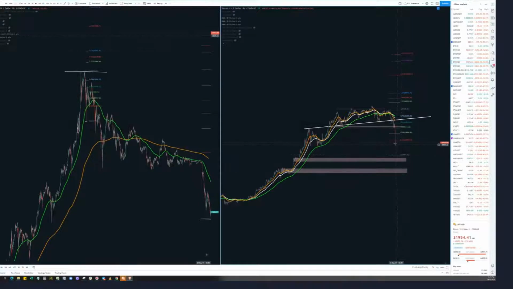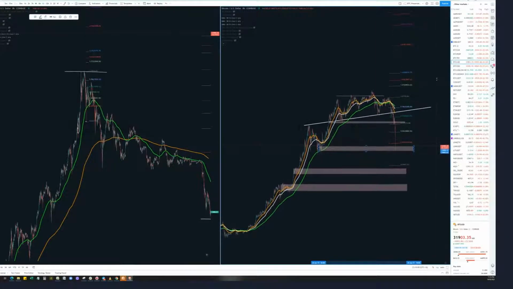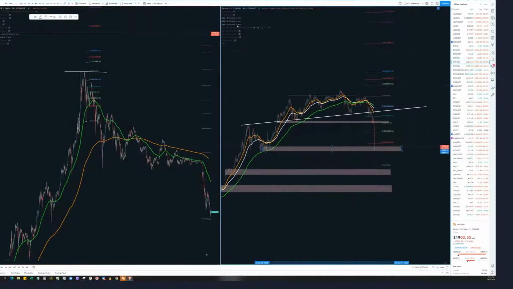But I do believe the current area is the target for the head and shoulders. So this was the head and shoulders target, and that was derived from... let me show you what that was derived from. Let me just get rid of all these moving averages so you can see the neckline. It's very clear.